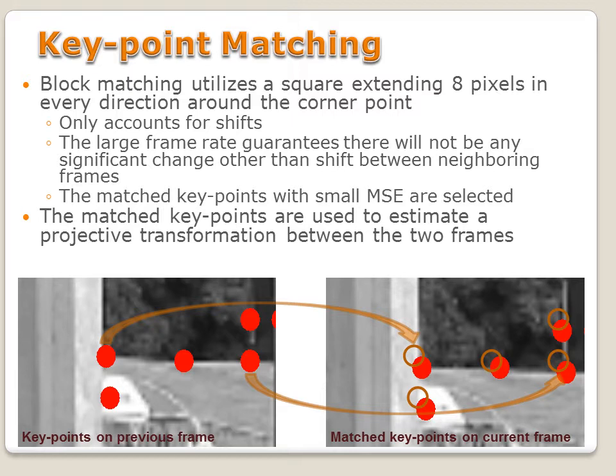In the example, you can see the corner points to be matched in one frame as red disks, the position of these corner points in the next frame as circles, and also as red disks the actual moved corner points that are matched to the previous frame. The matched key points with small mean square error are selected, and these selected key points are used to estimate the projective transformation between the two frames.